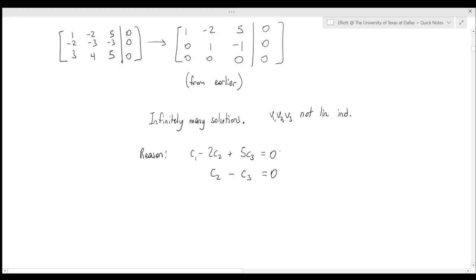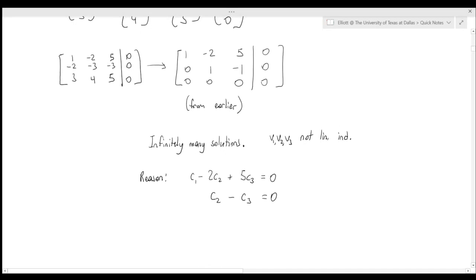So because we have only two equations in the end, we're only going to be able to solve for two of these variables. And then that means we're going to have one variable, which is free, okay? In this case, we're going to choose the variable C3 to be free.